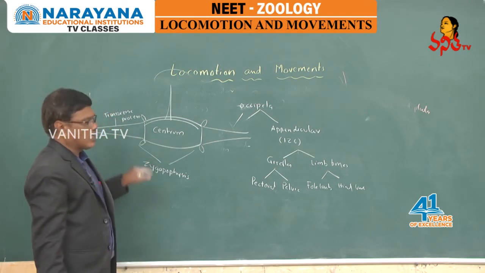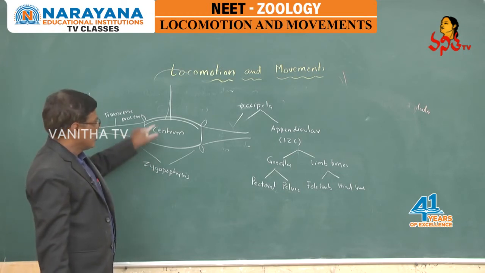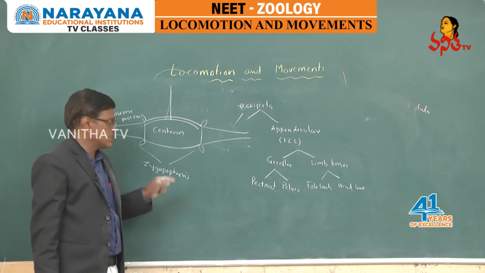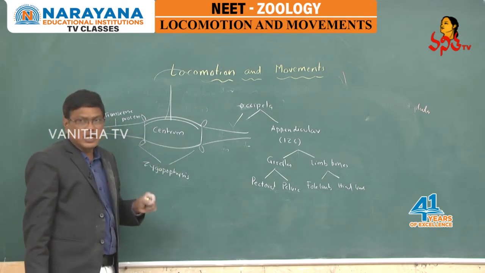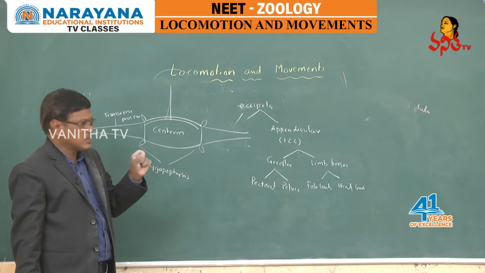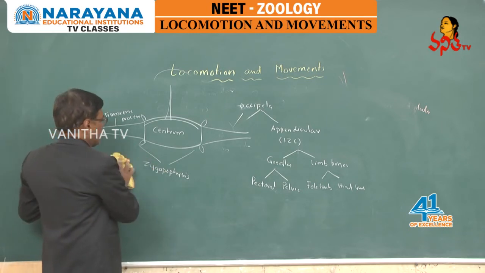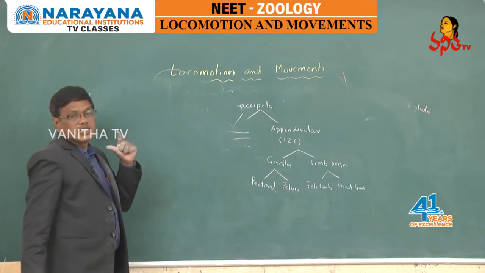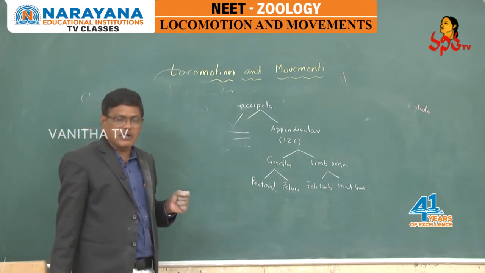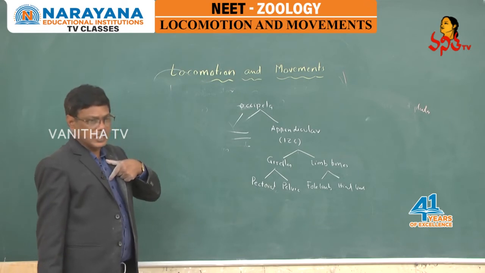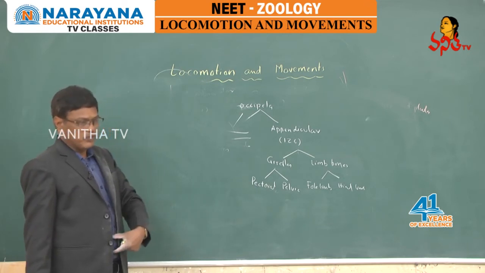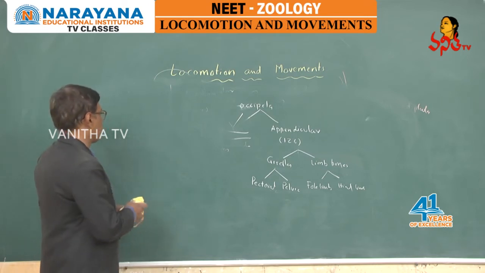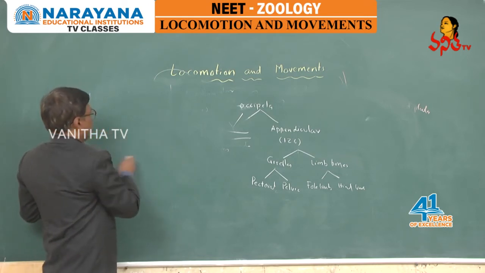But mainly centrum, neural canal, neural arch, neural spine, transverse processes, pre-zygapophyses and post-zygapophyses are present. In adults, 26 vertebrae are present: 7 cervical, 12 thoracic, 5 lumbar, 1 fused sacrum and a coccygeal vertebra.